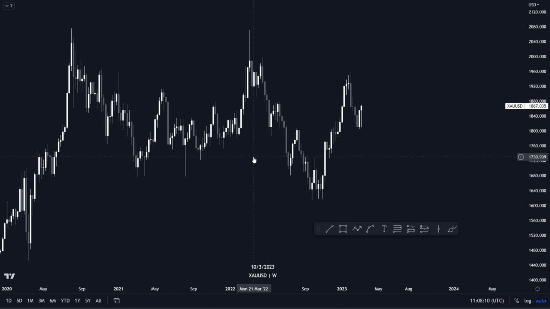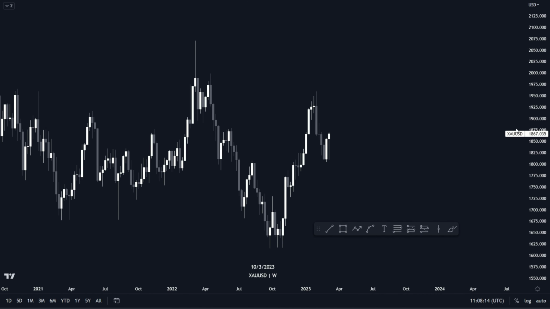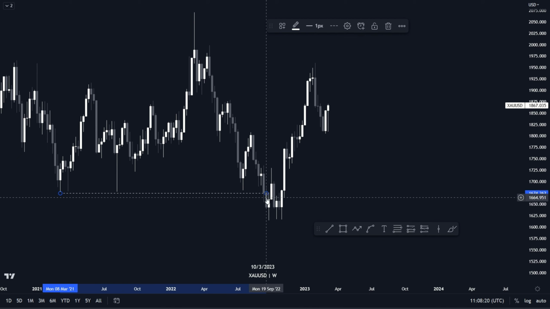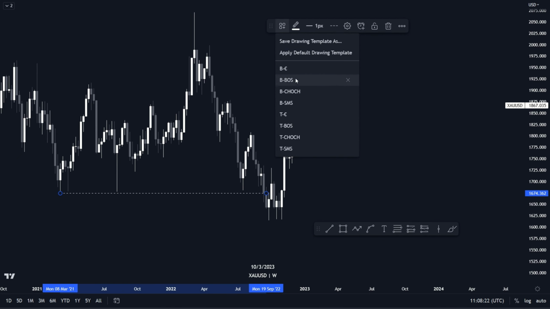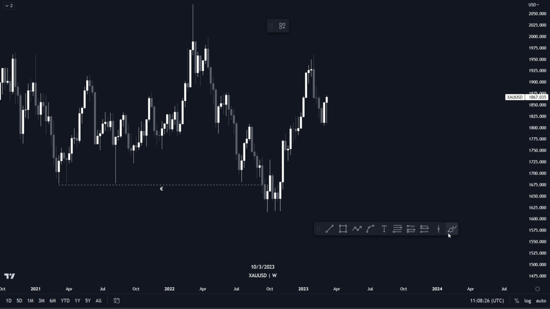So here we have gold on the weekly time frame. As you can see here, we have this break of structure here, which was liquidity that was taken out here.